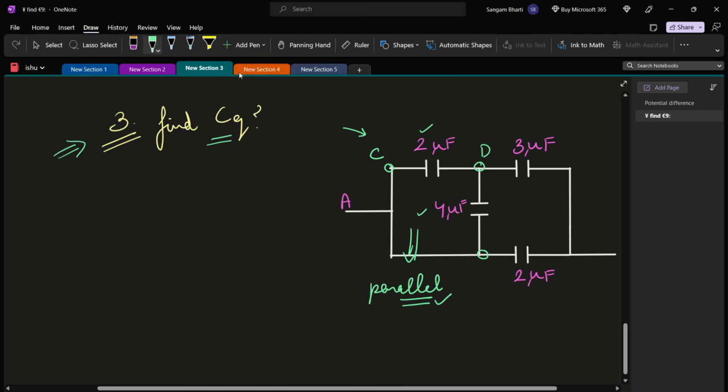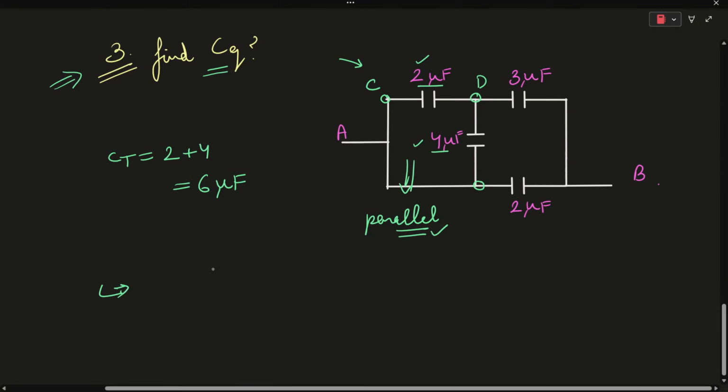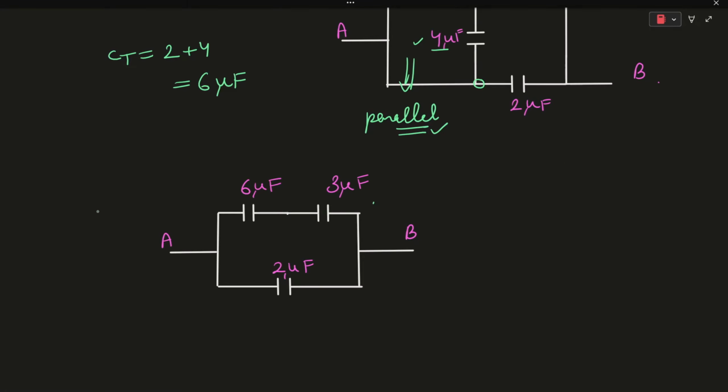It means that the total capacitance of these two capacitors will be 2 plus 4, which is 6 microfarad. So we can re-simplify this particular network, and this will be the simplified version of this electrical network.